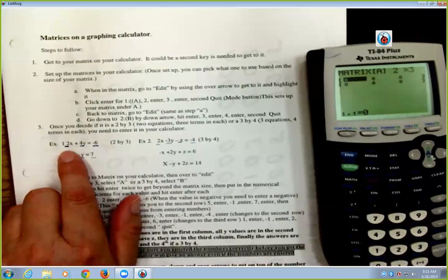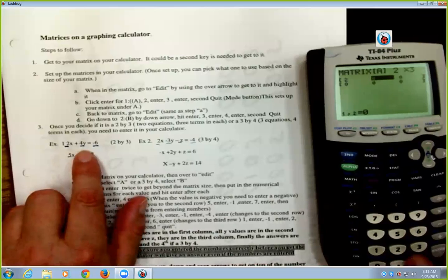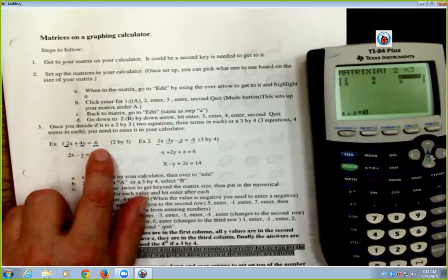So now to enter it in here you just hit the number. So 2, hit enter, and it will pop it into its place. Hit 4 and enter. Then a -6 and enter. So I've got my first one entered into my calculator.